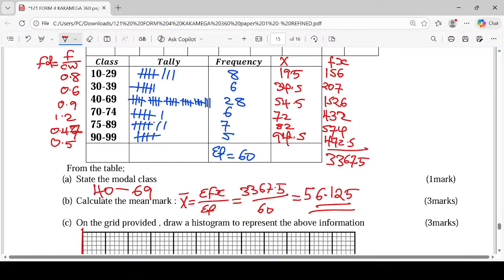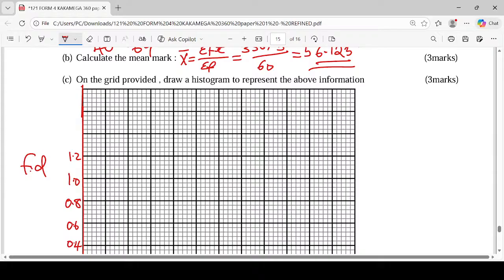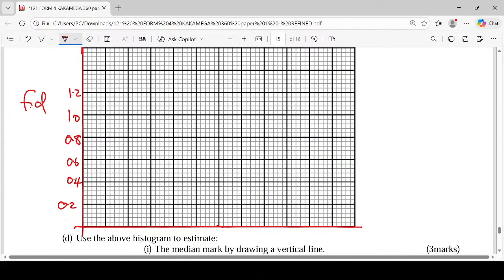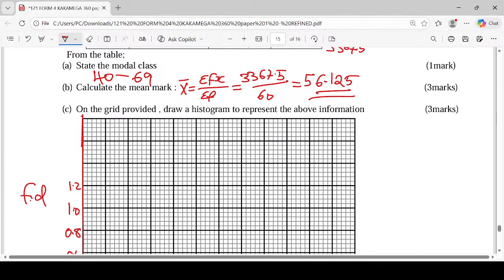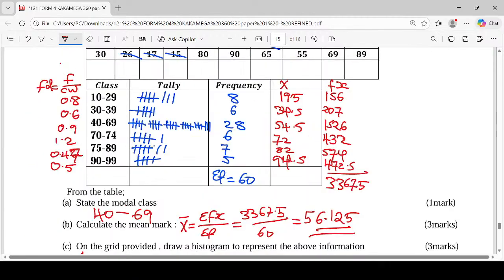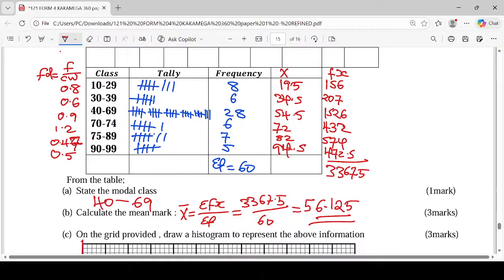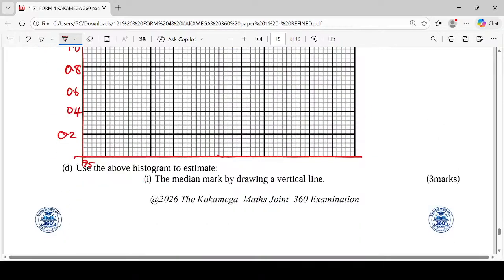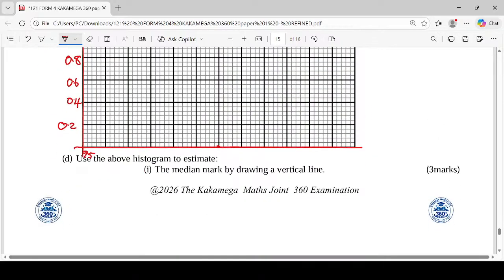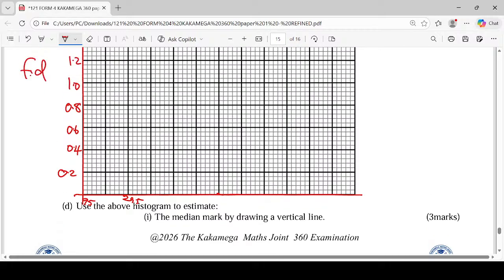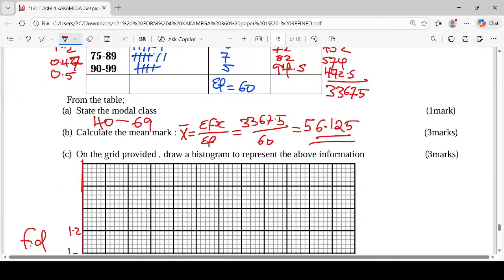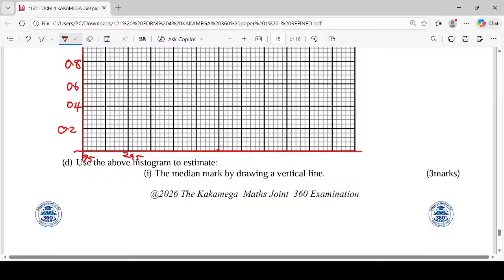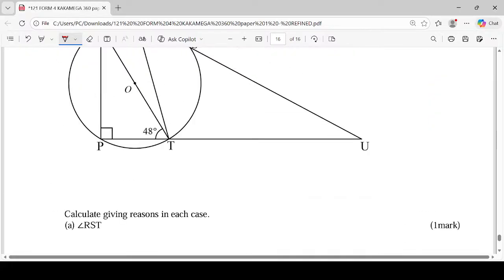Then we have 9.5. I want to start with 9.5 here. Then we go to 29.5, 39, 49, 59, 69, 79. This goes all the way to 99. So I have to reduce my spacing.